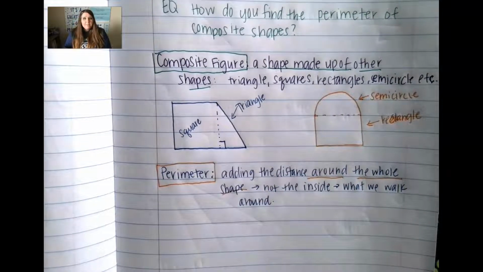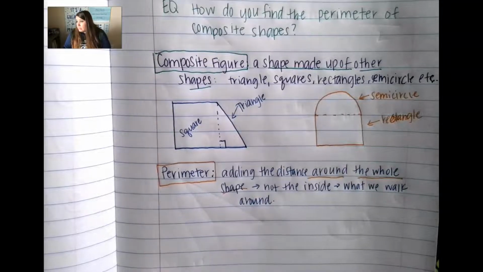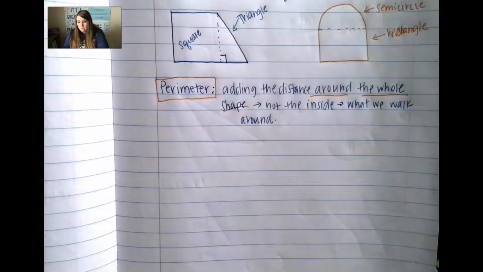Okay, not the inside. So let's go ahead and start looking at some examples for how to solve the distance around those shapes. So we have a figure that looks like this. Let me draw it out for you.